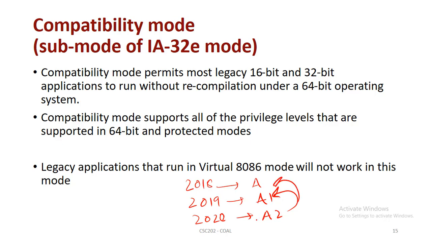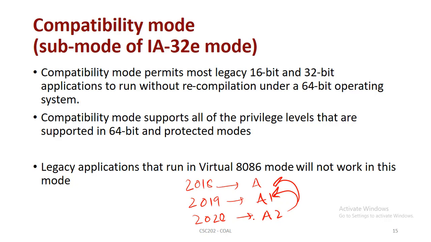Customers will not buy A2 because there are a lot of legacy applications that need to be operated, and usually in organizations we do not upgrade systems rapidly. It's not like Intel has come up with new hardware and everyone is going to replace the existing hardware.